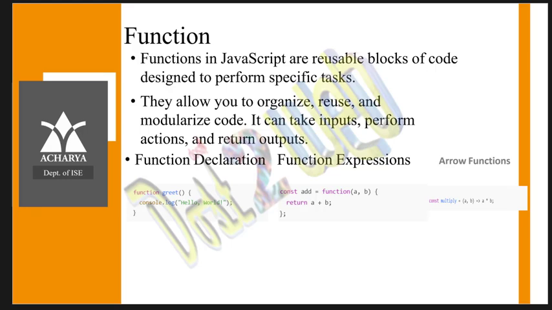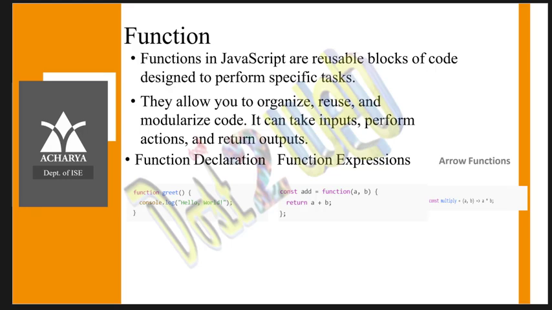I'm not using the function keyword, but the moment you use parentheses, it means this is a function. But what is the role of that function? What action does it have to perform? That I perform with the arrow.